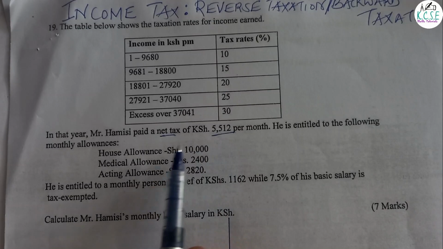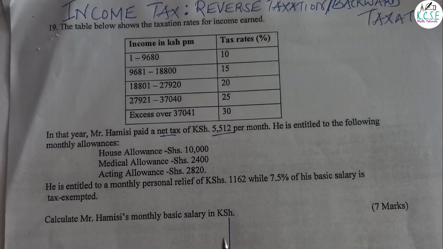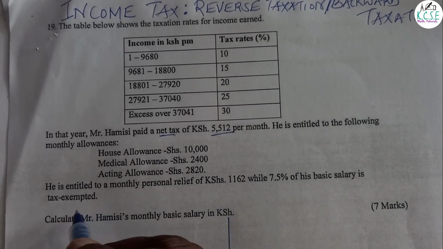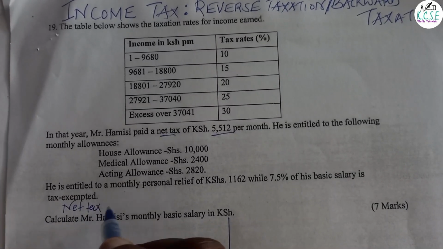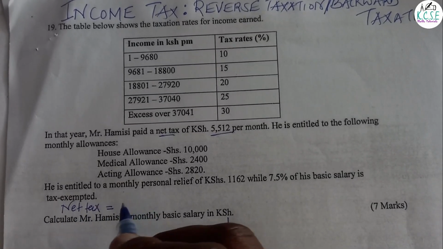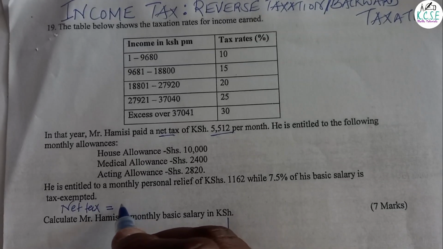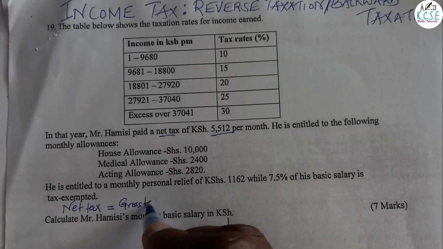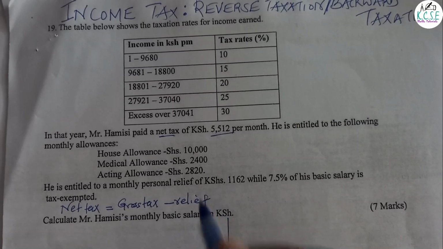To move backwards, remember, to get net tax, we subtract the relief. So we take gross tax minus the relief.